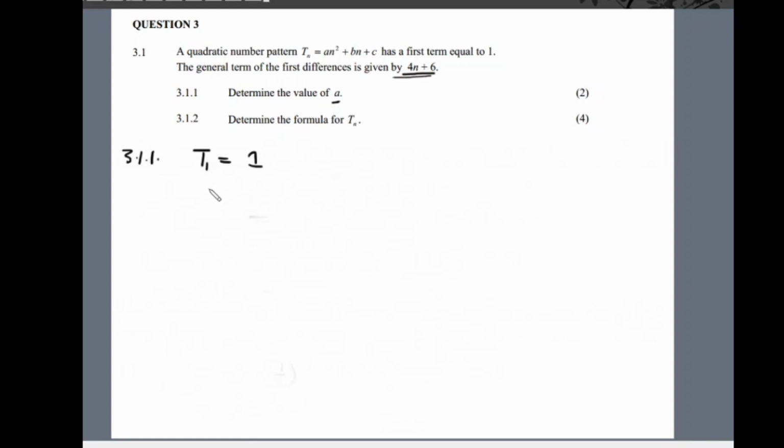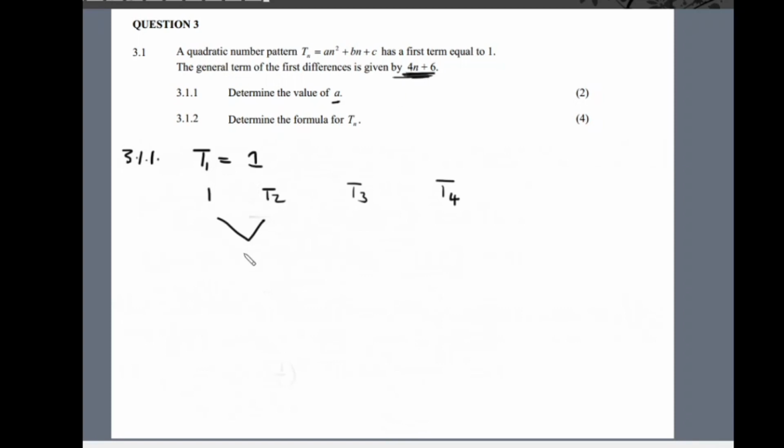So we have a quadratic sequence, and we know that the first term is 1, the second term we don't know, the third term we don't know, and the fourth term we don't know. But we know the formula for the first difference. Remember that the first difference of a quadratic sequence is an arithmetic sequence.